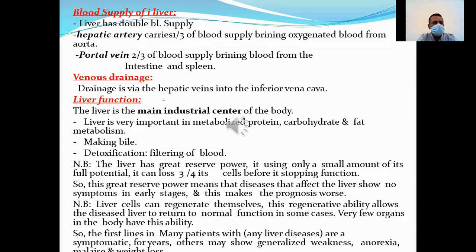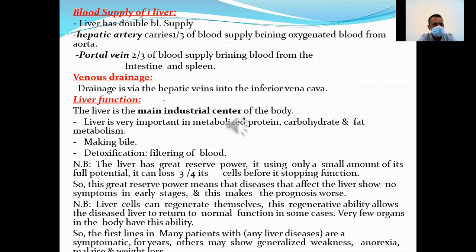The liver has a double blood supply. يعني two vessels supply the liver, same as the lung, also a double blood supply, same as the retina, two blood supplies. So the liver has two: the hepatic artery, which provides 1/3 of the blood supply and brings oxygenated blood from the aorta, and the portal vein, 2/3 of the blood supply, which brings blood from the intestine and spleen.